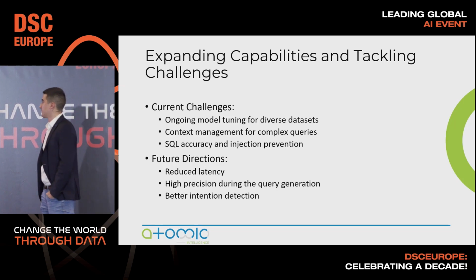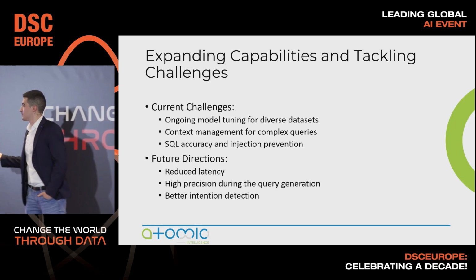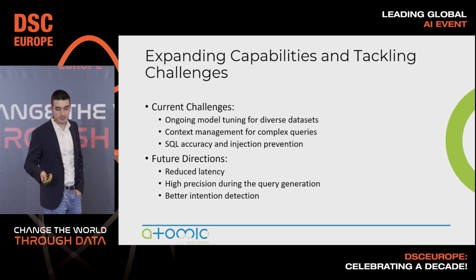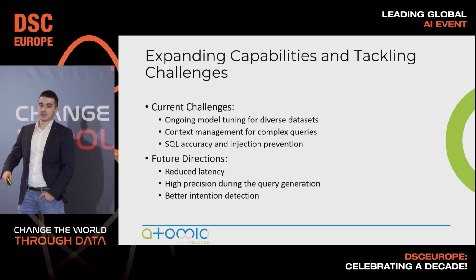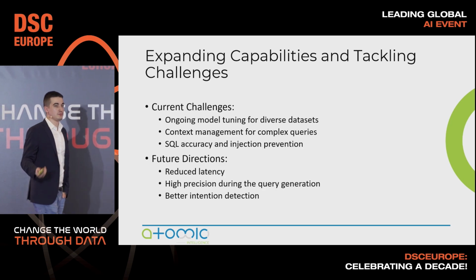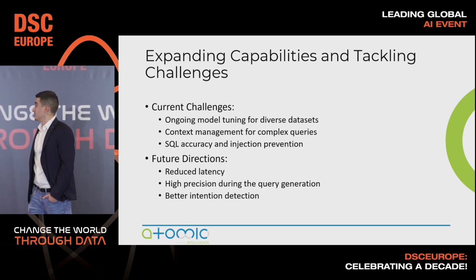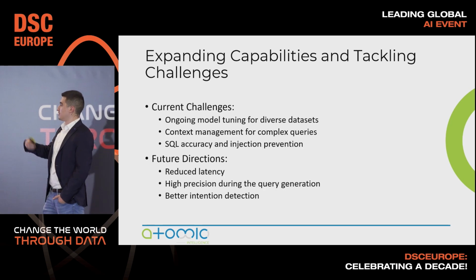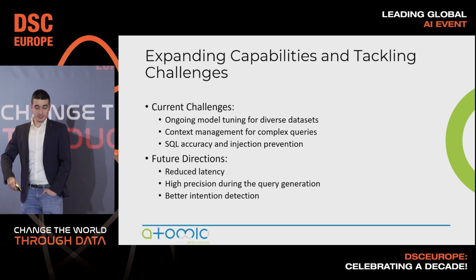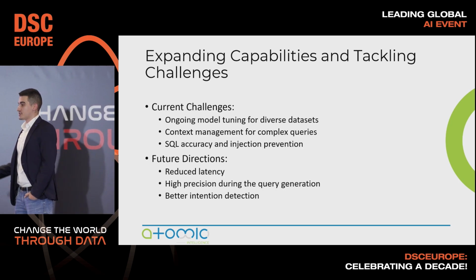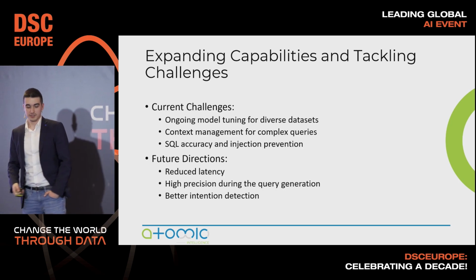And now to briefly discuss some of the current challenges and future directions. Currently, we're ongoing with model tuning for diverse data sets. We're trying to make the model better at generalization. We're looking to embed context management for complex queries, and also get better SQL accuracy and injection prevention. So basically, security.